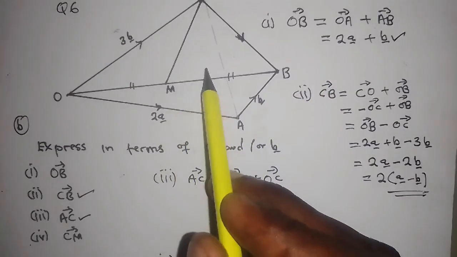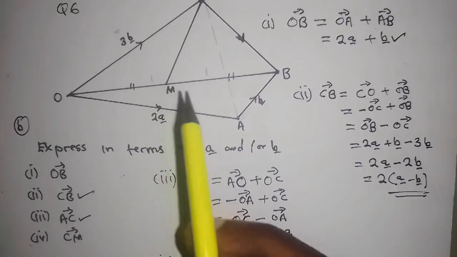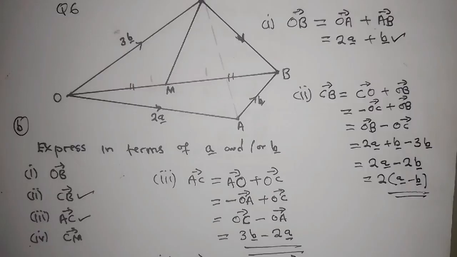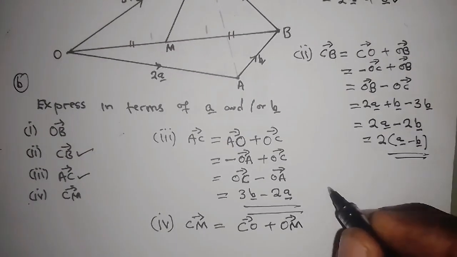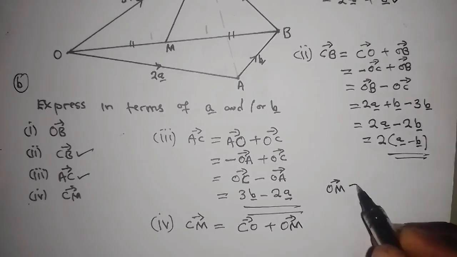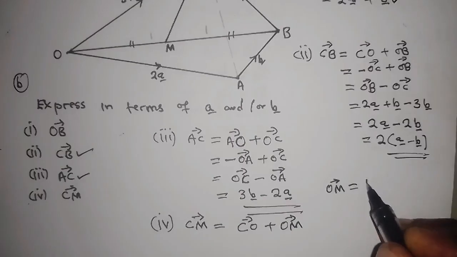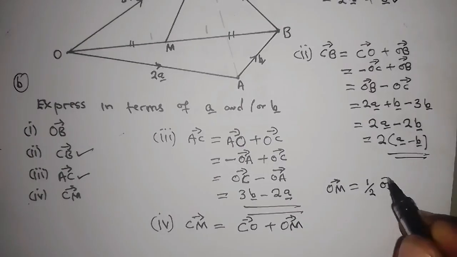So M is the midpoint. So there is one mark there and one there. So OM is the midpoint of OB, so half of OB.